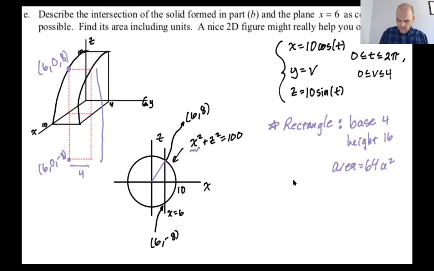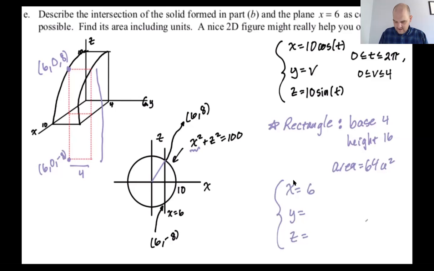So I'm going to write some parametrics for that. So x, y, z. Okay, so x we know is going to be equal to 6. That's the whole idea. We said y could be anything between 0 and 4. So if it can vary, it needs its own parameter.